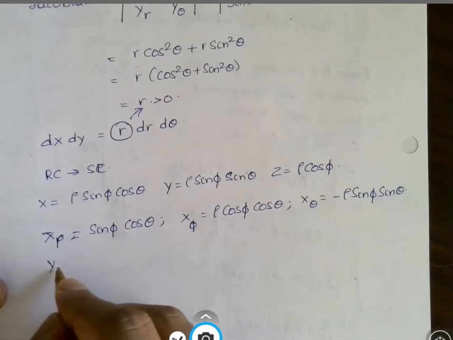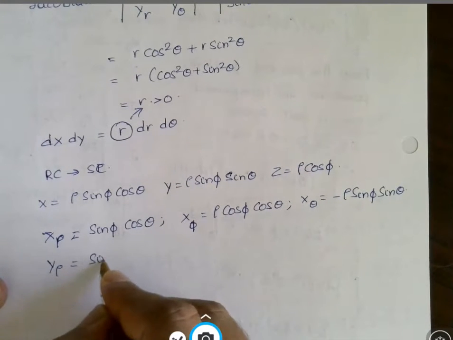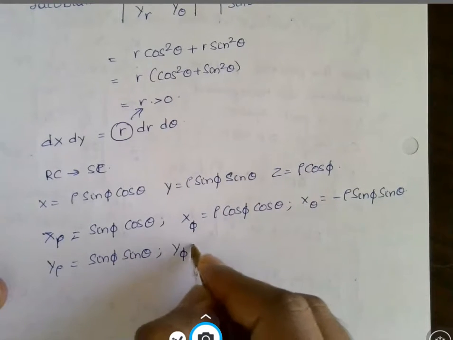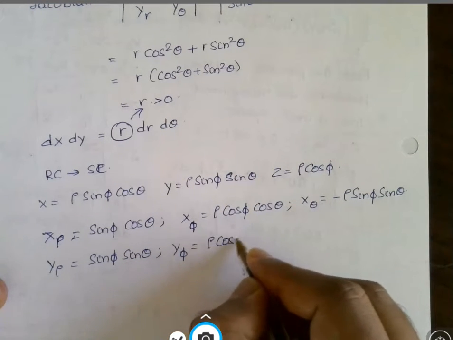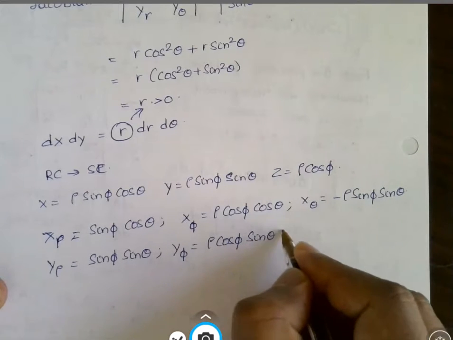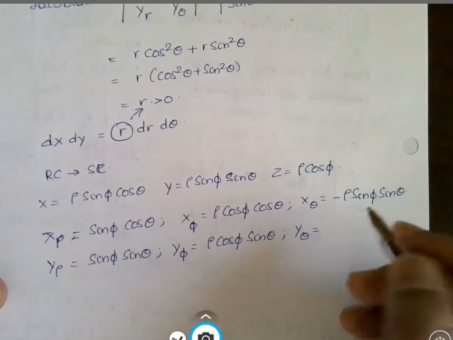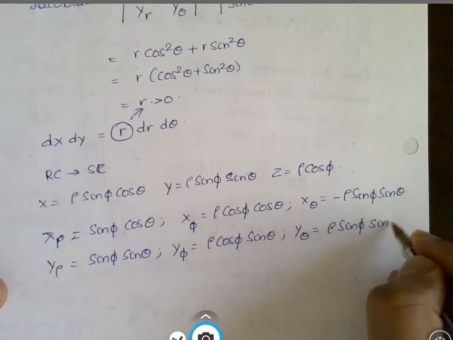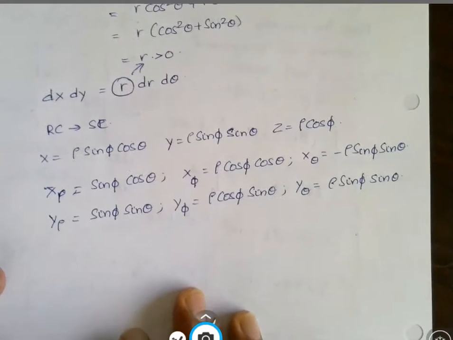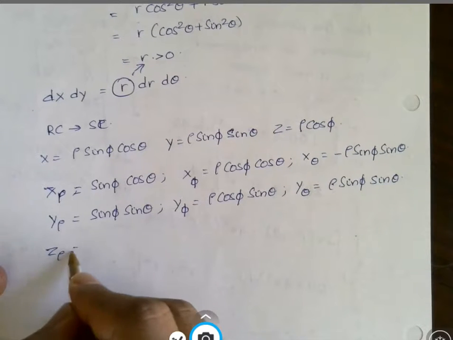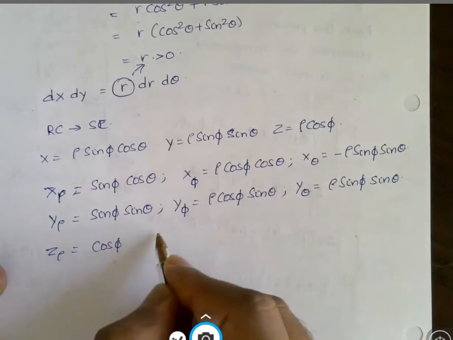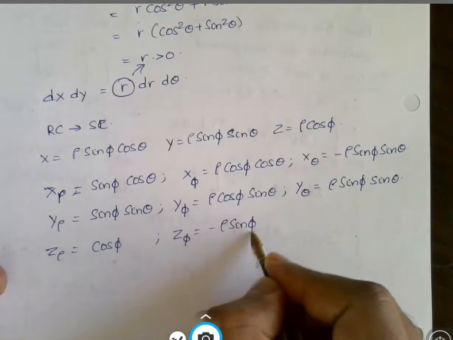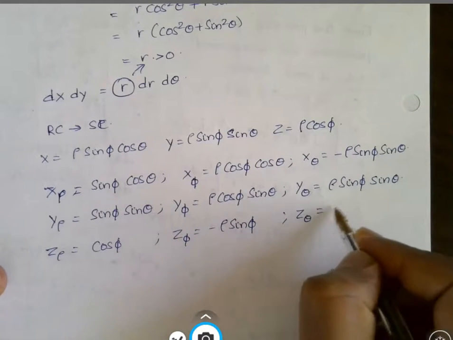Then y_rho is going to be sine phi sine theta. Then y_phi is going to be rho cosine phi sine theta. Then y_theta is going to be rho sine phi cosine theta, right? Then z_rho is going to be cosine phi. Z_phi is going to be negative rho sine phi, and z_theta is going to be 0.